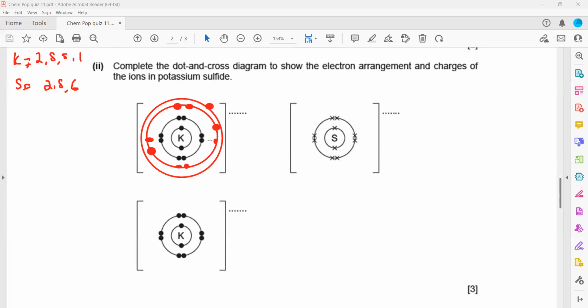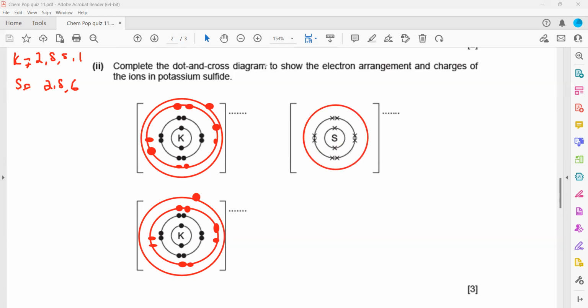I'm drawing the potassium atom first, and then I will turn it into an ion. The same thing for the second potassium as well. And sulfur is 2, 8, 6, total is 16, and those are crosses.